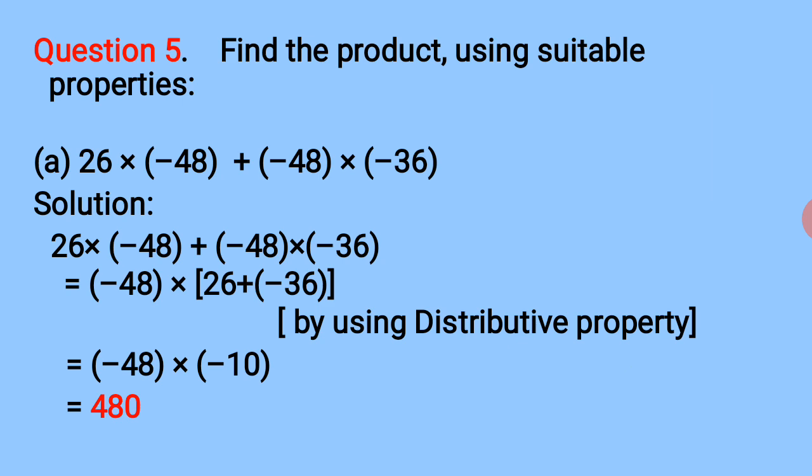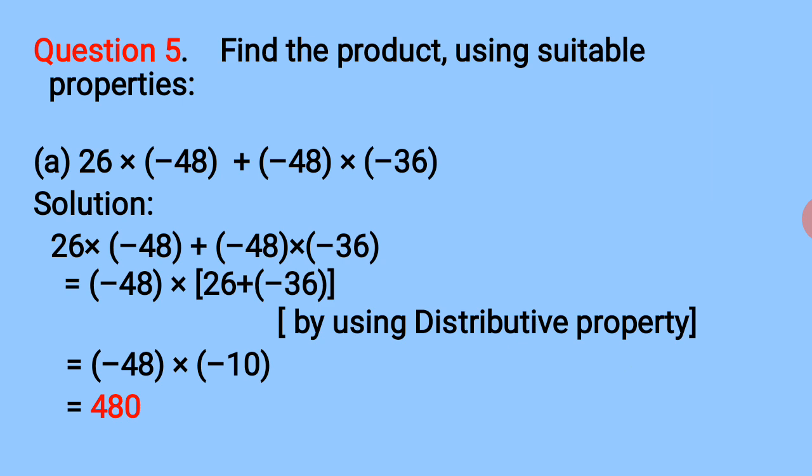Here, let's start with sub-question A. Sub-question A is 26 multiplied by minus 48 plus minus 48 multiplied by minus 36. Now children, when you are told to solve this statement, there are two methods.